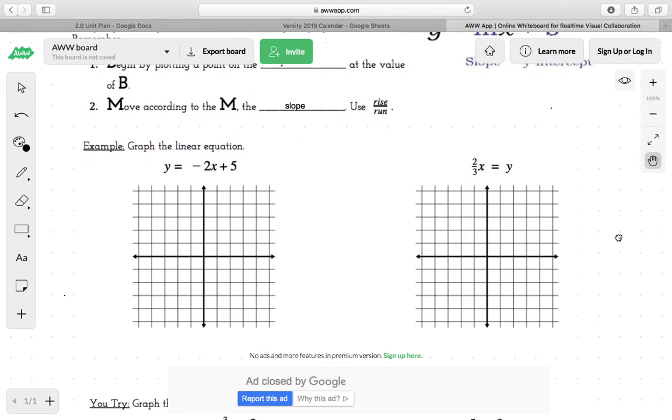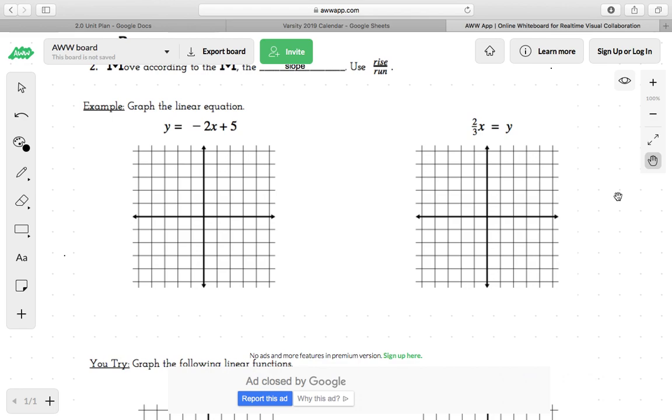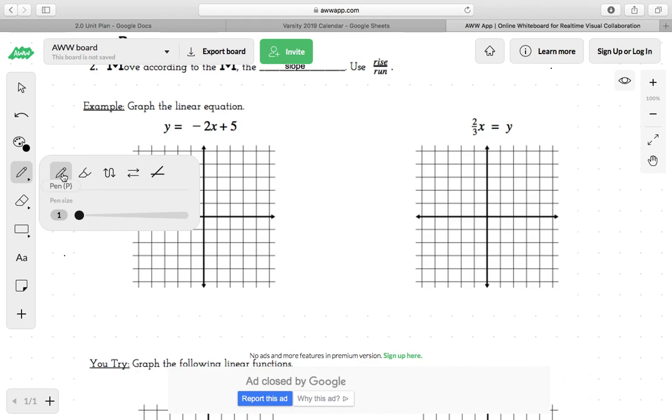So I'm going to go through this first example here. It says graph the linear equation. So we have y equals negative 2x plus 5. So I'm going to underline my slope. And my slope is negative 2 because I know that's by my x. So that's my m. This is my m.